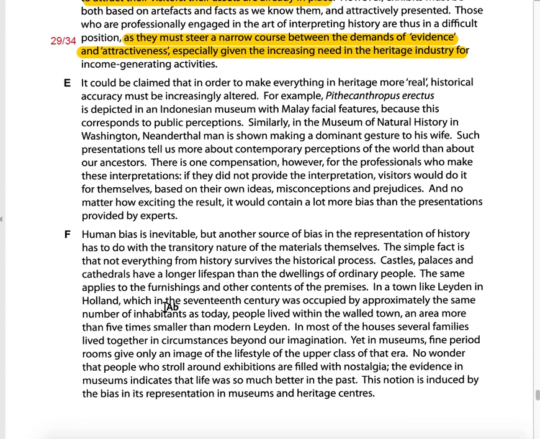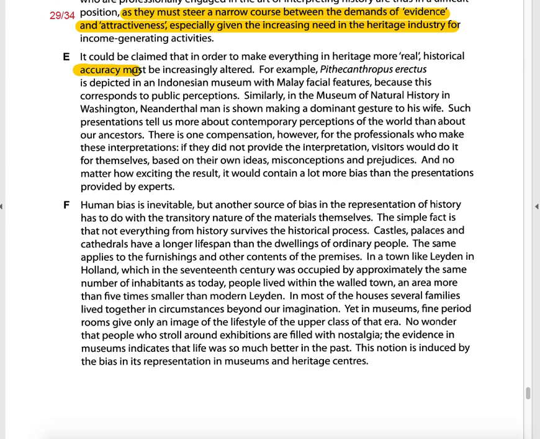It could be claimed that in order to make everything in heritage more real, historical, accuracy must be increasingly altered, changed.